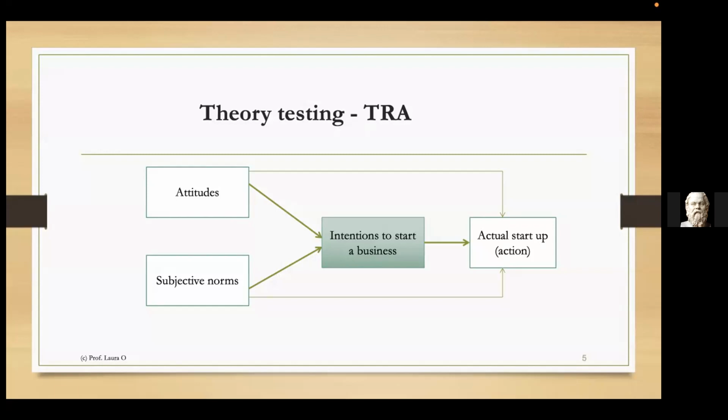Okay, so to test a theory, it means you get that theory as is and you go out and test it. Okay, you go out and prove, does it hold or does it not hold, in explaining the issue that you have identified. I want to illustrate this using the theory of reasoned action by Ajzen and Fishbein, 1997.